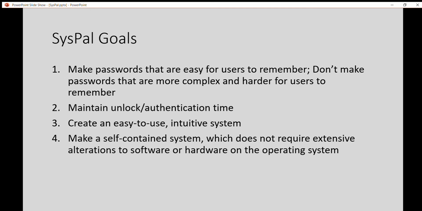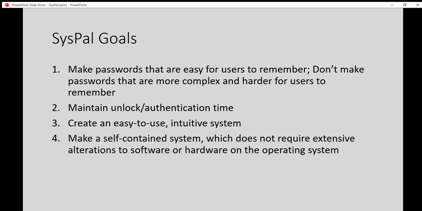So compared to the original or typical model of Android system passcodes, which is to give you no guidance, the SysPal model that is being introduced wants to have the same unlock and authentication time and have the users take the same amount of time in using SysPal as they would in the original Android system.